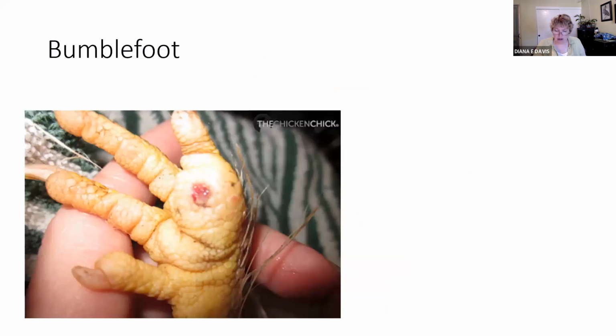When we talk about bird feet, we have to talk about bumblefoot. Bumblefoot is a general term for foot infections in birds. So any kind of infection on the bottom of the foot is called bumblefoot.